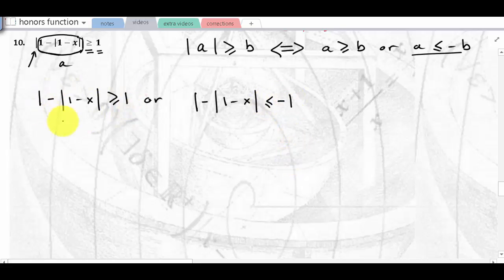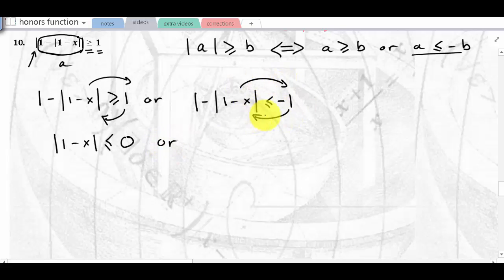Then we clean up what's around the absolute value and we keep on solving, okay? So this leads to the absolute value of 1 minus x is smaller than 1 minus 1, 0, or the absolute value of 1 minus x is above or equal to 2.